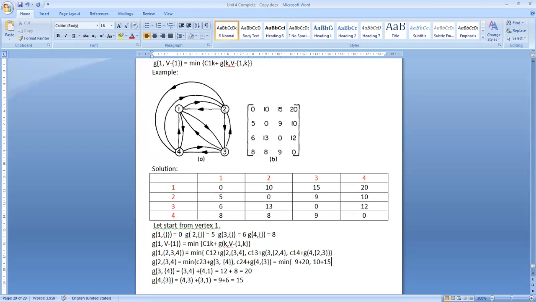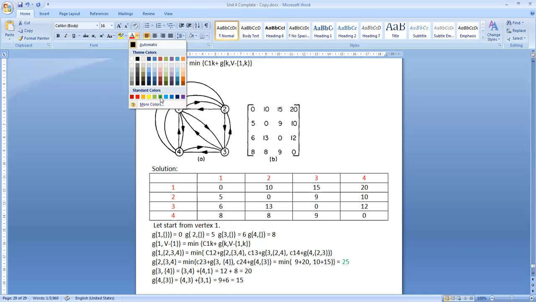So 9 plus 20 is equal to 29, 10 plus 15 is equal to 25, which is minimum. So G of 2 comma set 3, 4 is computed to be 25. That I want you to know.